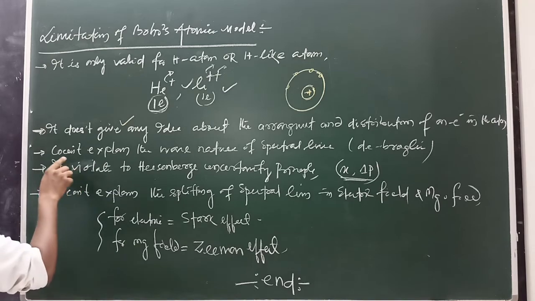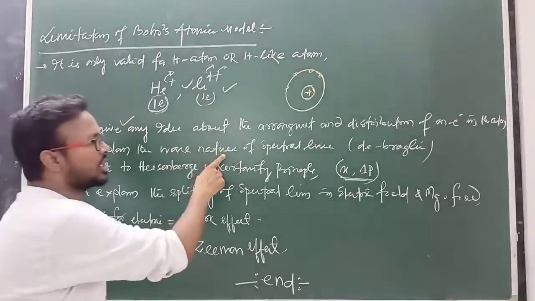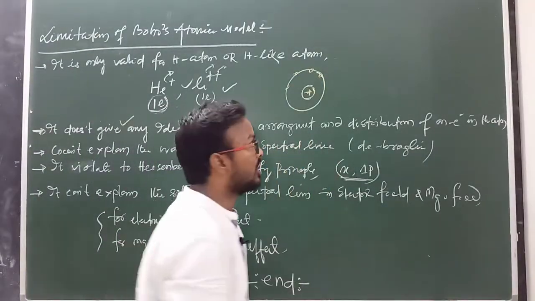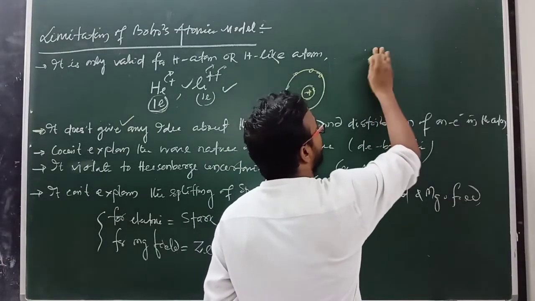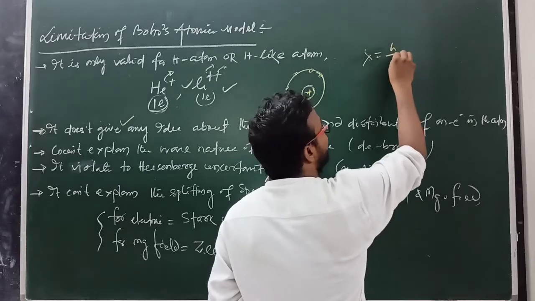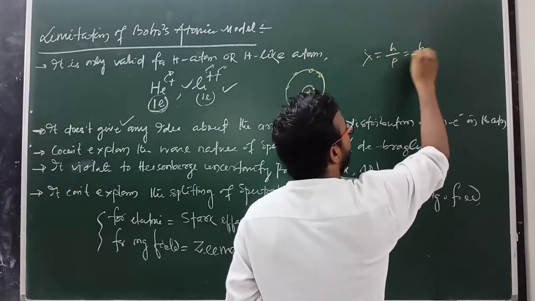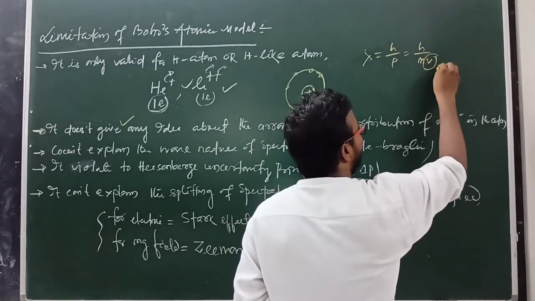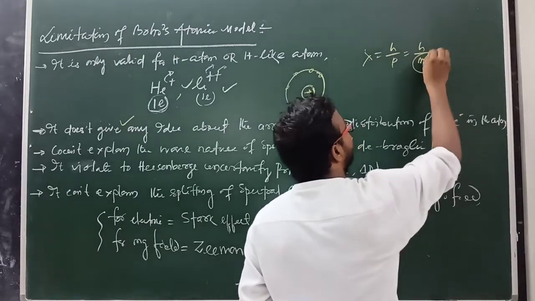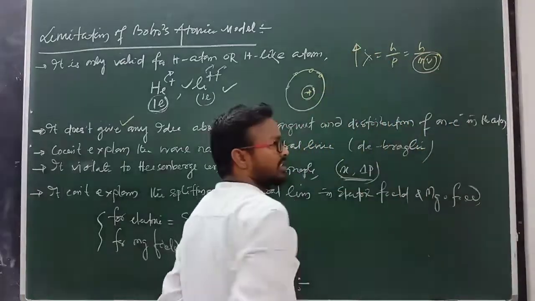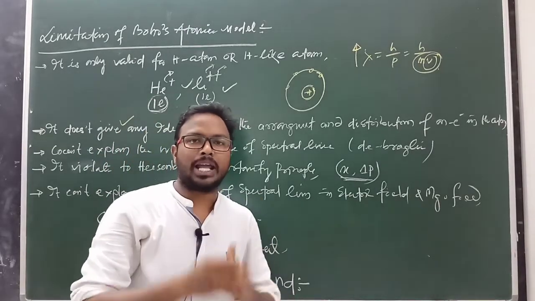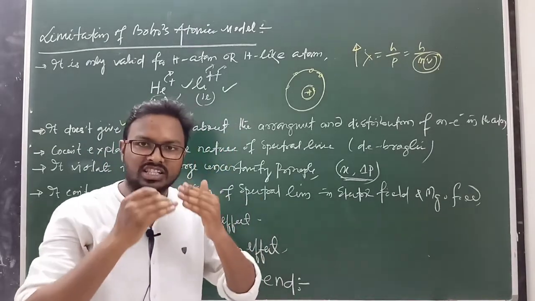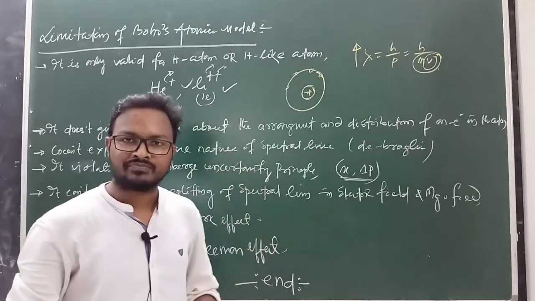Next, it could not explain the wave nature of spectral lines, because according to the de Broglie wavelength, lambda equals h by p, where p equals mv. If a particle possesses velocity, then it possesses wave nature. That means every moving particle is associated with a wave.